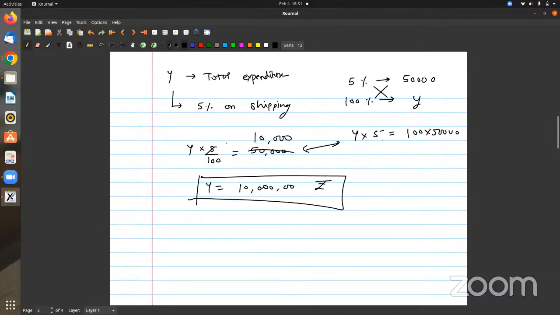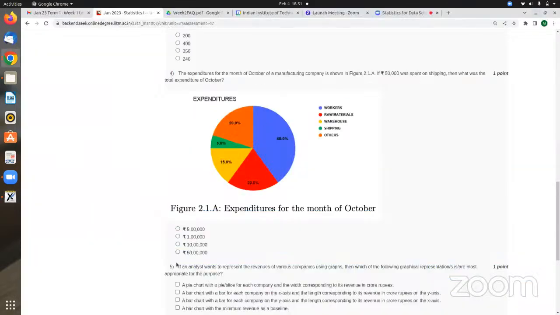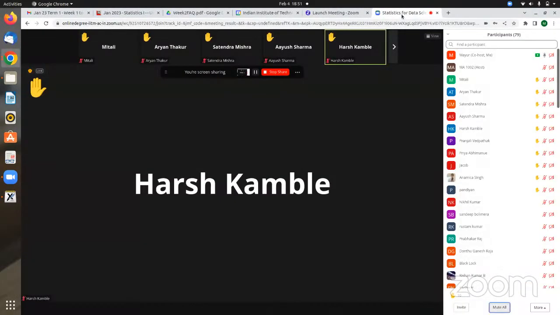You can cross check actually. If I have 10 lakh rupees and I'm spending 5% on shipping, we'll get 50,000, right? Correct. Yes, sir. Thank you.